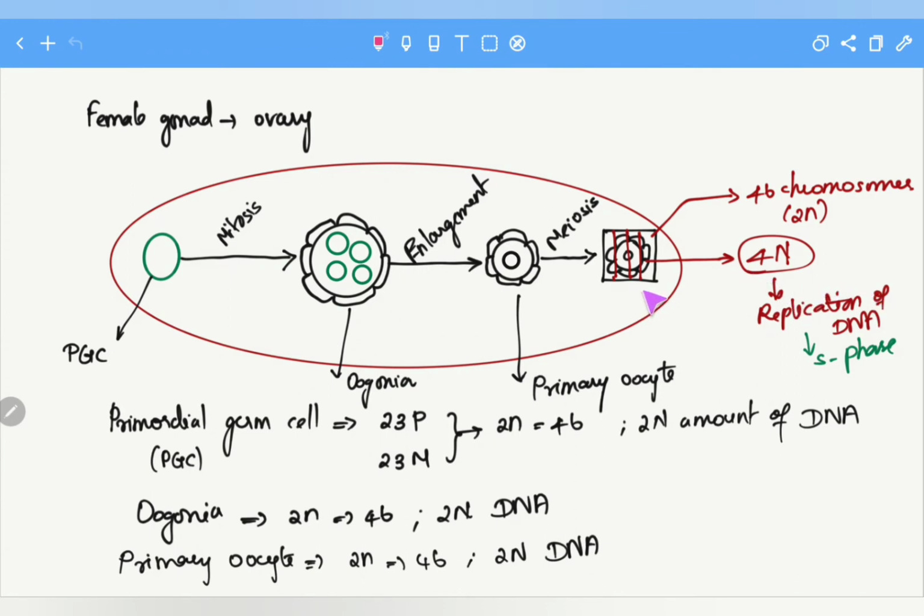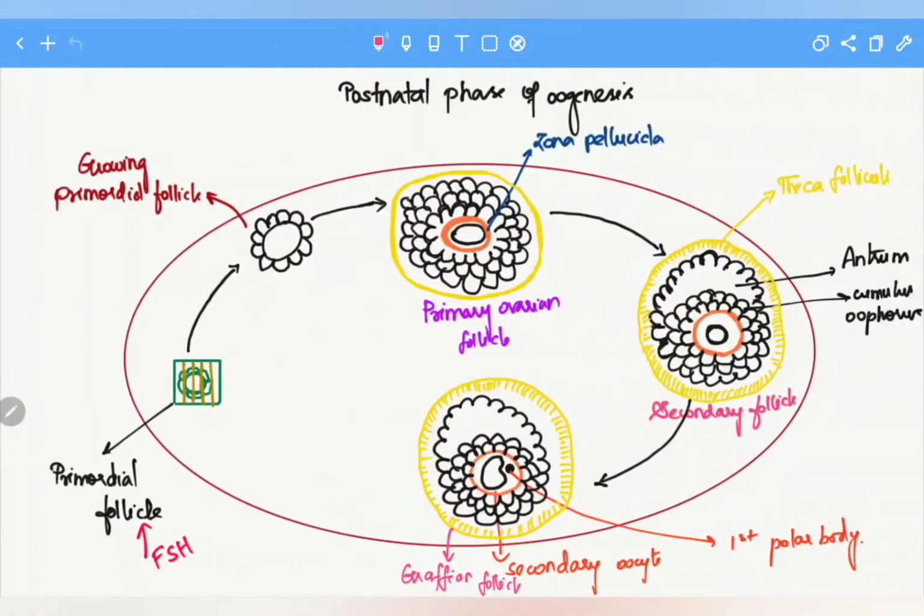Now once meiosis 1 has completed, that is, the reduction division has completed, the chromosome number must have reduced to half of the original, right? So what must be the chromosome number of the secondary oocyte? It must be haploid, that is 23 chromosomes, and two times the amount of DNA.